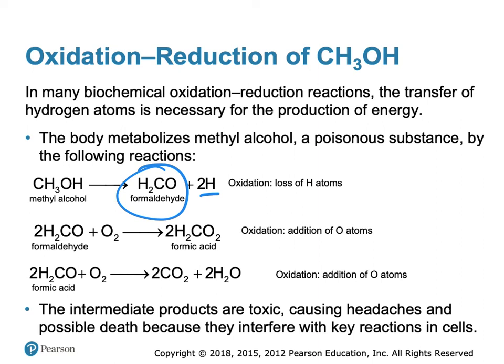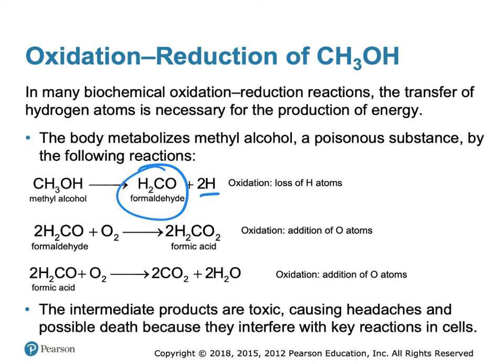We'll learn about additional electron carriers, such as NAD+, where those electrons can be transferred and form NADH. That formaldehyde is further oxidized to form formic acid, and the formic acid is oxidized finally to carbon dioxide. These intermediate products, formaldehyde and formic acid, are toxic and cause headaches and possible death because they interfere with key reactions in cells.